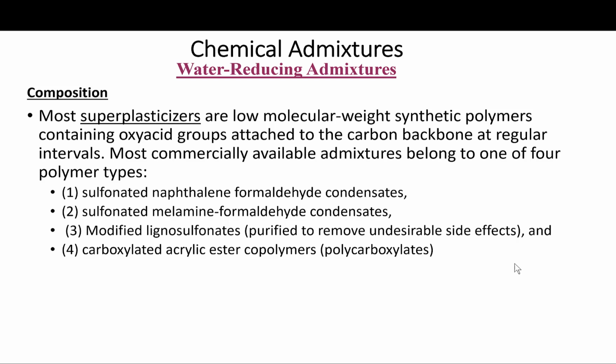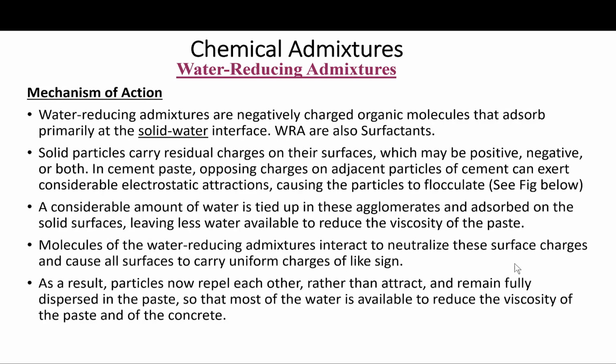So let's look at the mechanism of these admixtures and the mechanism of the water reduction. Water reducing admixtures are basically negatively charged organic molecules that adsorb primarily at the solid water interface.